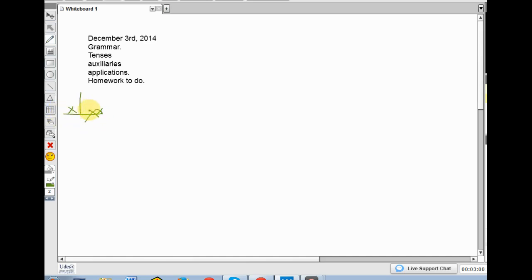Okay, this X means that it's an action, okay? Because I am going to explain to you the concepts of the tenses. Yes, well, definitely this is not working. It's very slow.